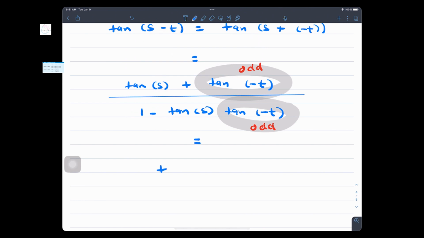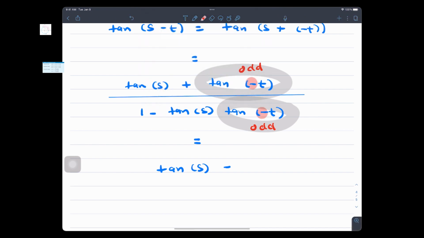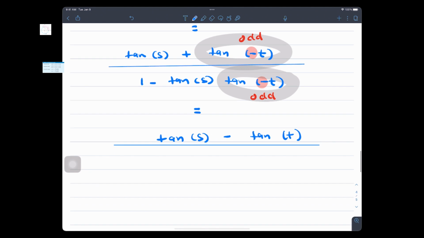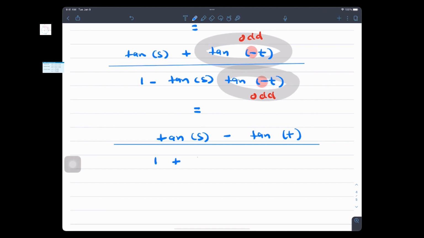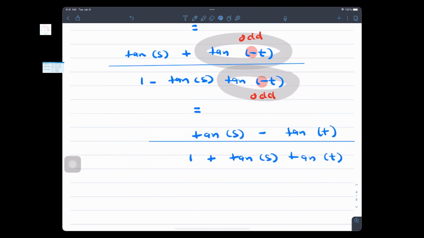So that means this is going to be now, instead of a sum, we could pull out the negative sign. Remember what it means to be odd? You pull out the negative sign. So that's going to be minus tangent T over 1, now plus, because you pull out the negative sign, and minus and minus is plus, tangent T. So what do you get? Tangent of that difference here.